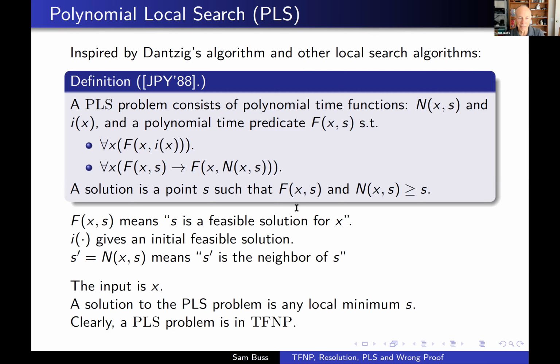F(x,s) means that s is a feasible solution for x, and I(x) gives us an initial feasible solution. So we have the conditions that for every x, f holds for x and I(x), and for every x, if f(x,s) holds, then f holds for x and the neighbor n(x,s). And a solution is a point s which is feasible, satisfies f(x,s), and n(x,s) is greater than or equal to s.